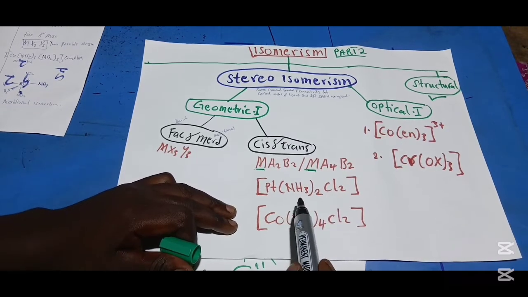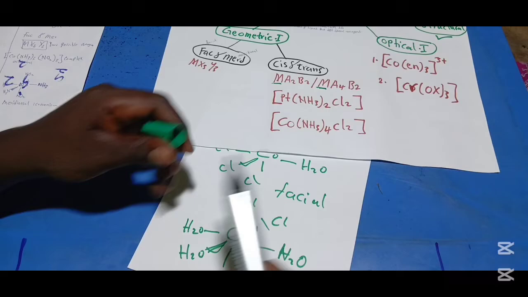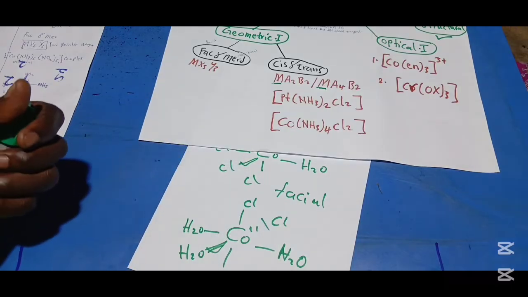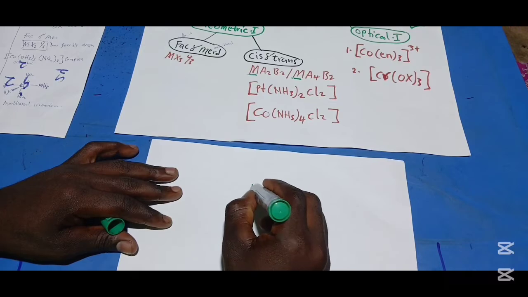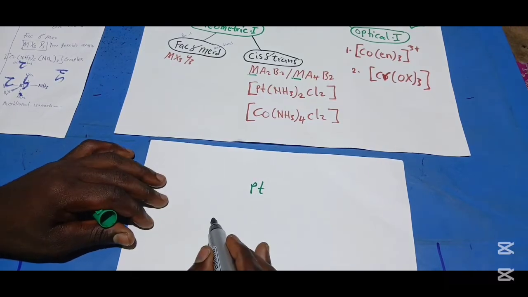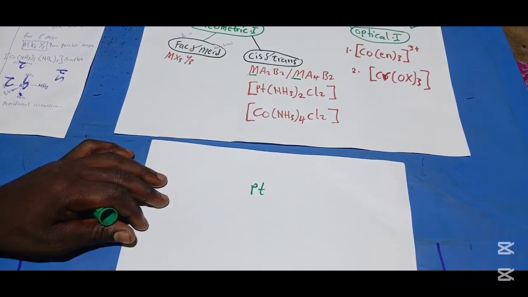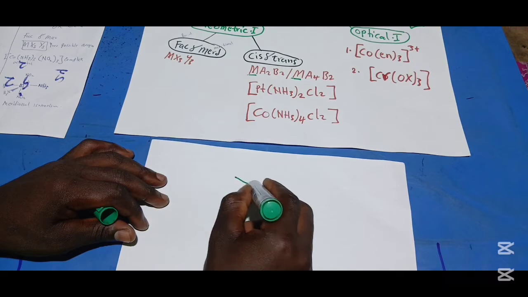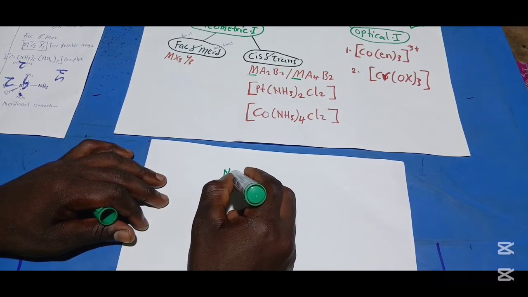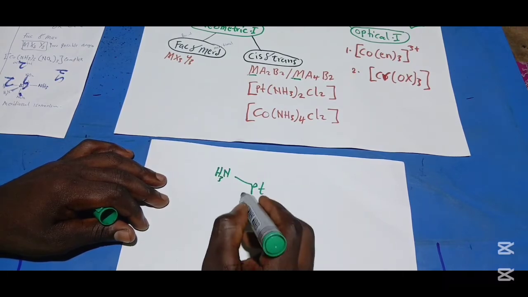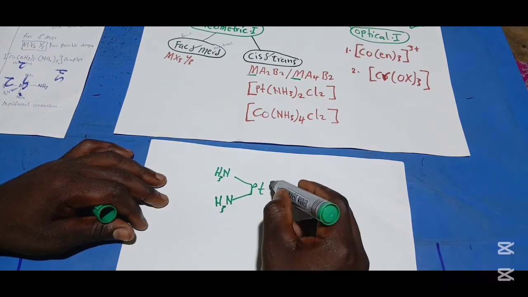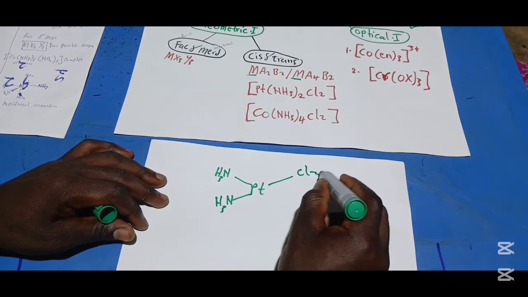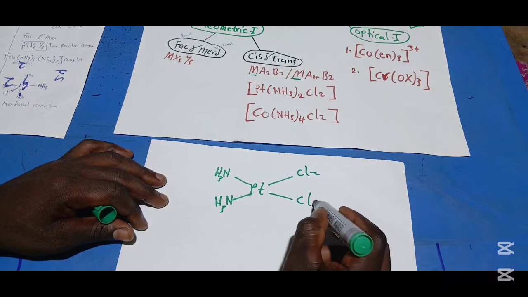So let me break this down for better understanding. If we have platinum in the middle, we can have NH3 here, NH3 here, and chlorine here, chlorine here.